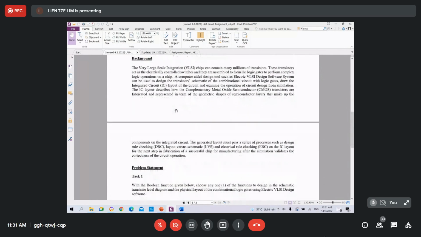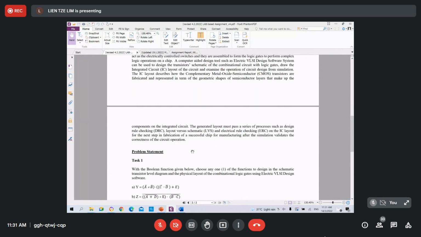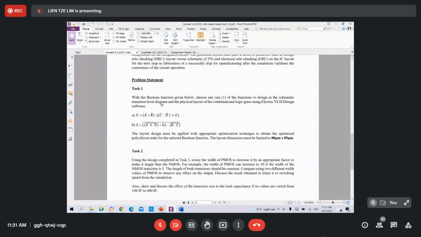Here is the assignment given, the task. There are two tasks here, task 1 and task 2. In task 1, the Boolean function is given. There are two Boolean functions given, and you have to choose any one. Choose one function to design in the schematic transistor level diagram and the physical layout of the combinational logic gates using Electric VLSI design software.